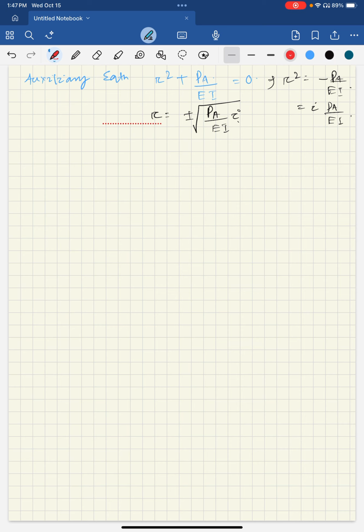Now we can say this is in the form of a plus ib, where a is equal to 0 and b is equal to the square root of P by EI, right?